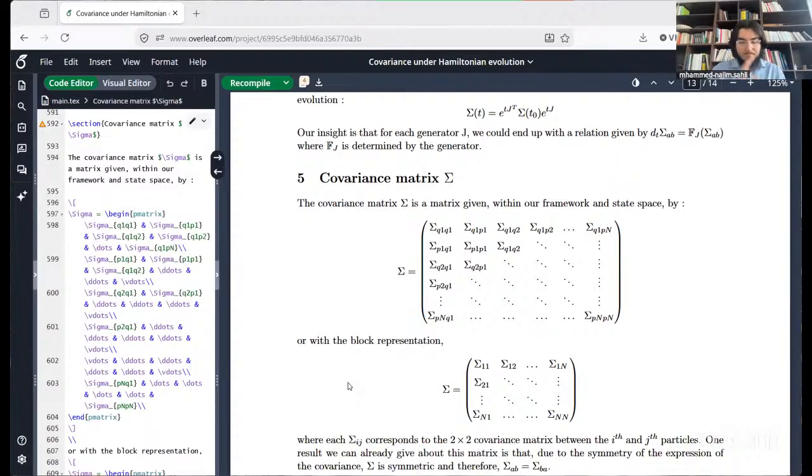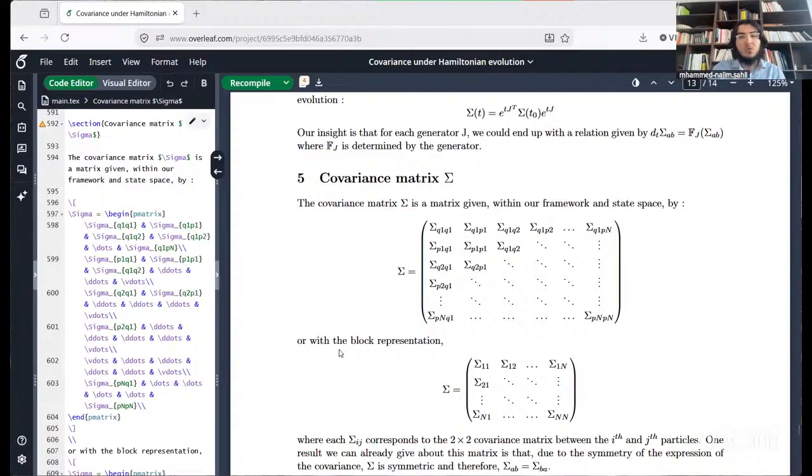So to recap, the covariance matrix sigma is the matrix of all the covariances, or the variances, between all variables, or all degrees of freedom, within our theory. Here we have the exact model.